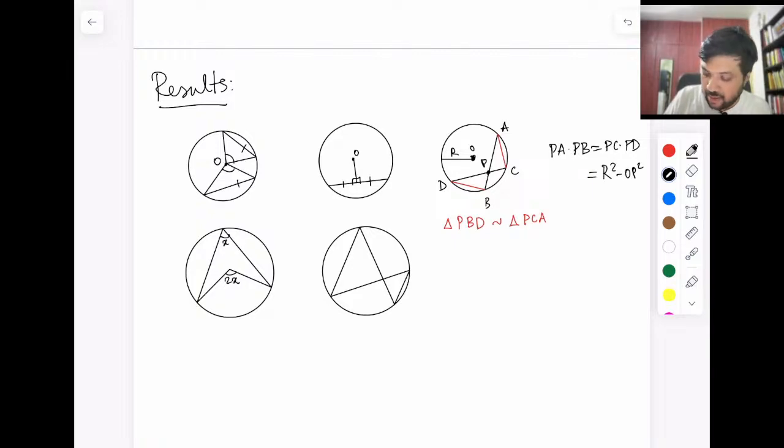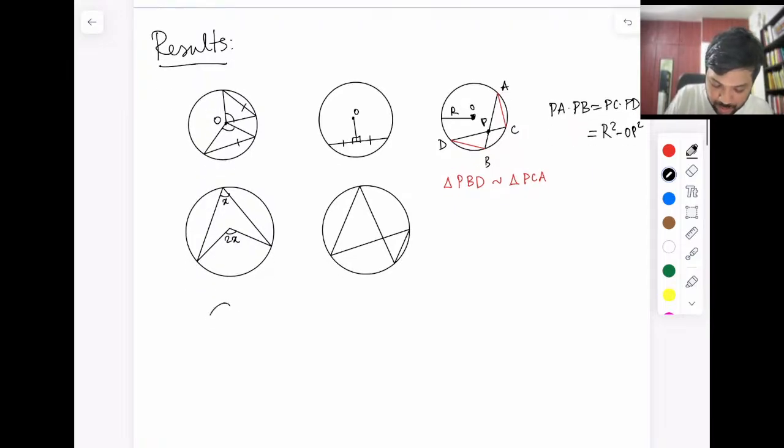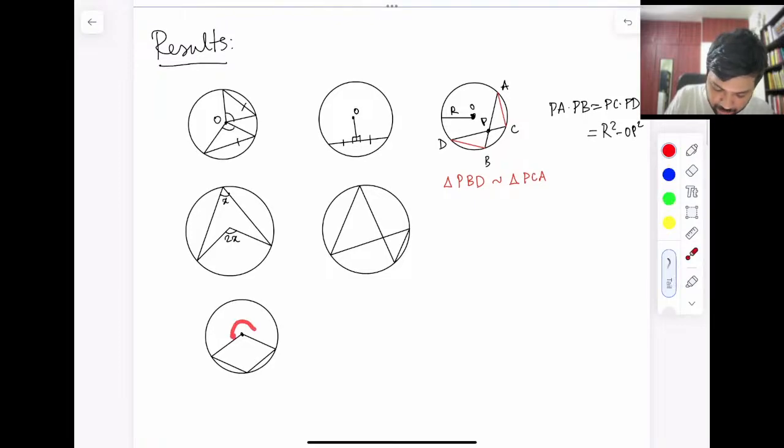Supposing you are on the minor arc, that's no longer true. But you could also apply this theorem to the reflex angle. If you are on the minor arc, you can apply the same theorem, but you have to apply it to the reflex angle. It's still true: this angle is half of this reflex angle.